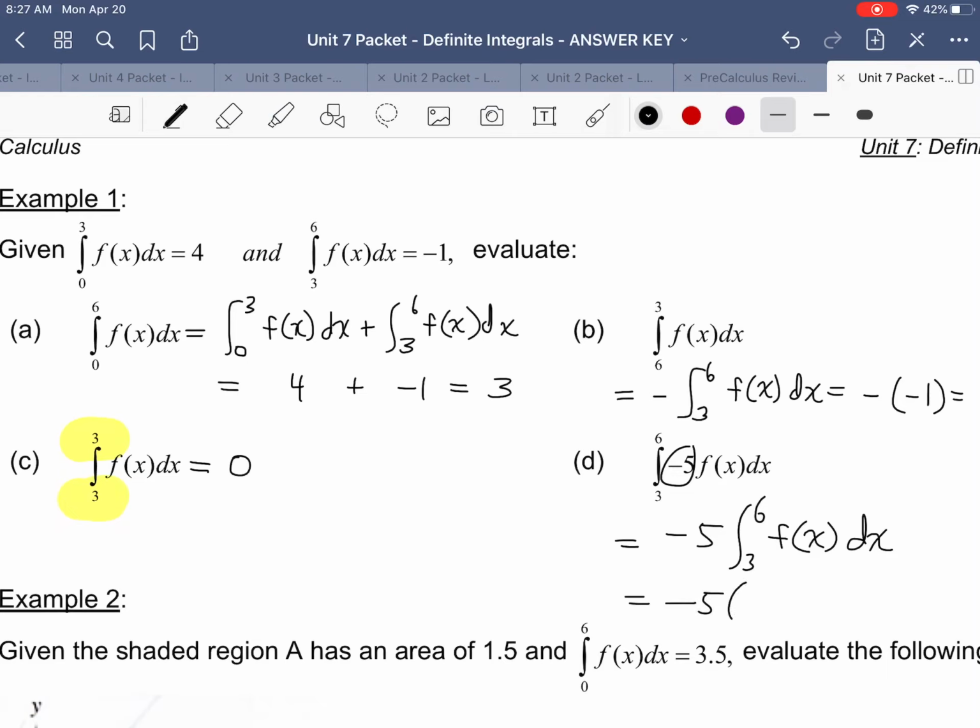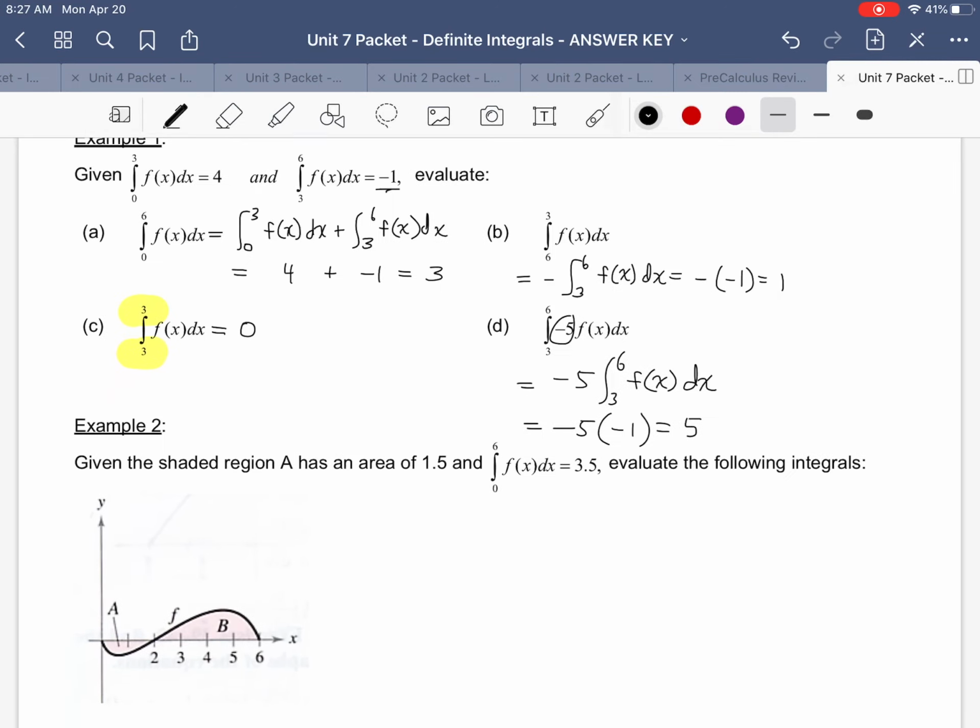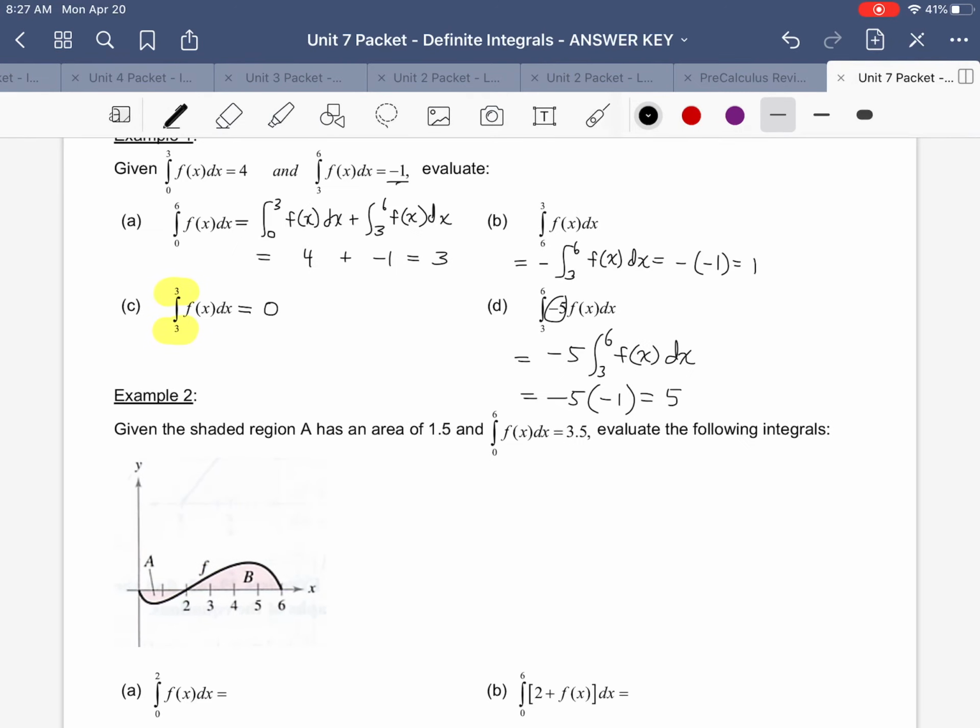No. Just give me the answer. So -5, and we know that on the interval of 3 to 6 I have an area of -1, and we're looking at -5 times -1, which gives me a +5.